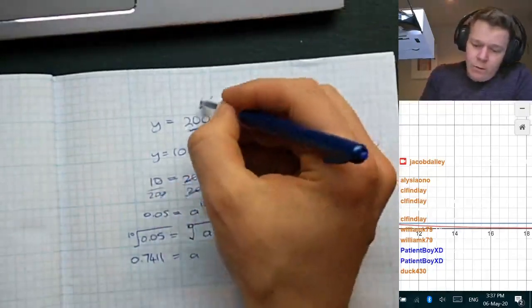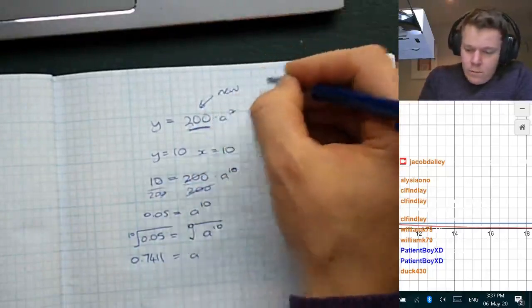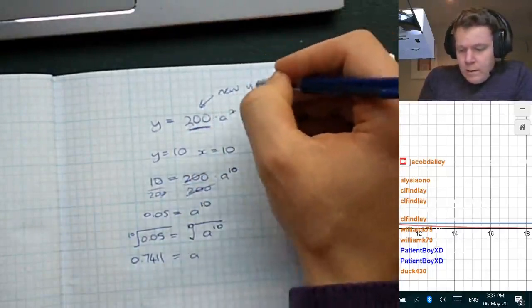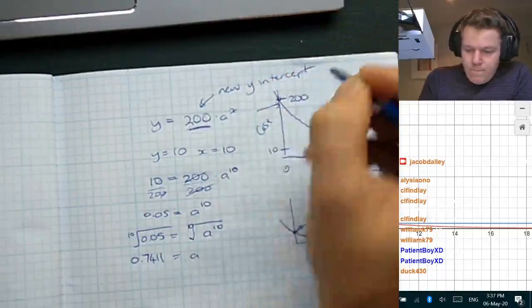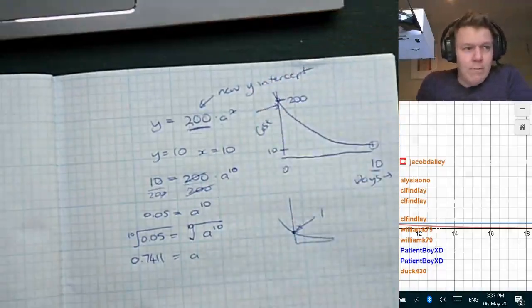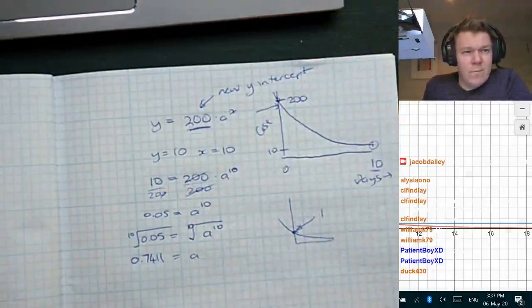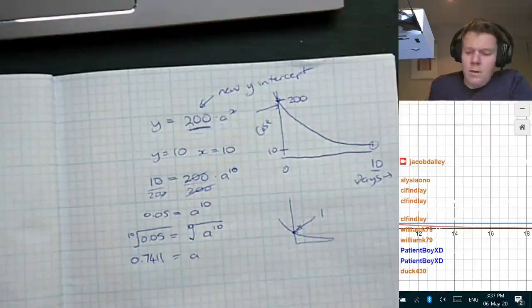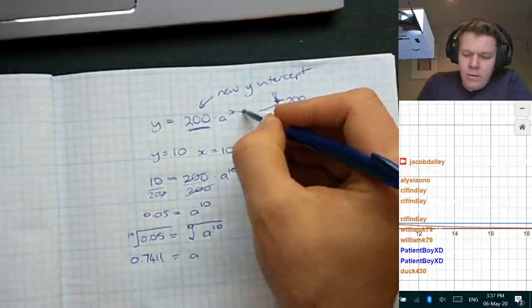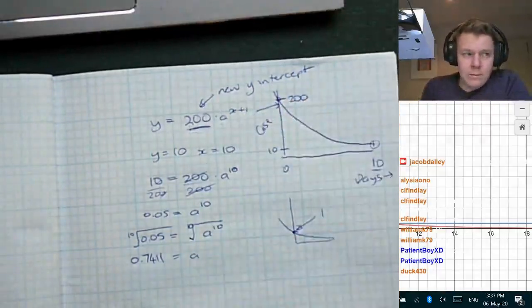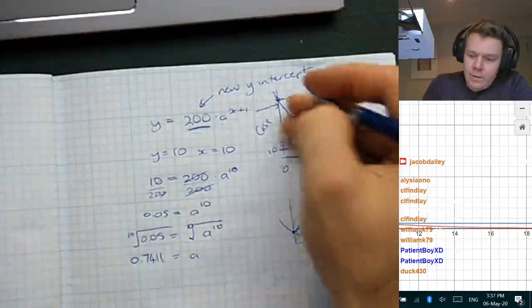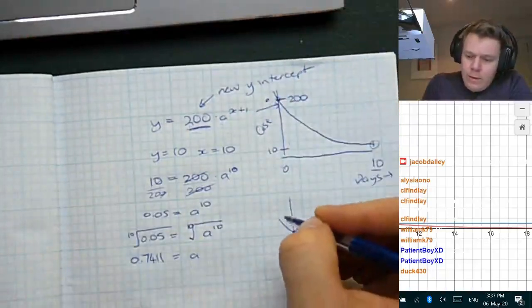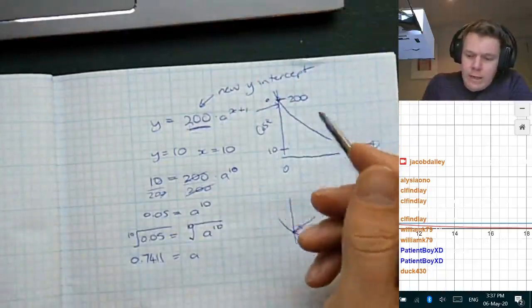So this is your new y-intercept. Of course, you can still bump it around by doing things like that. That will bump it one to the left. So then you would get a point -1, 200.